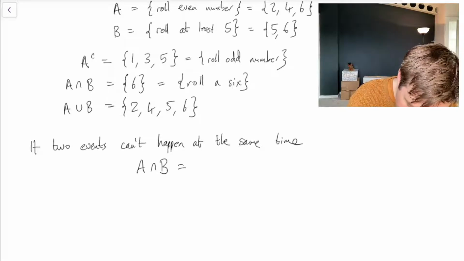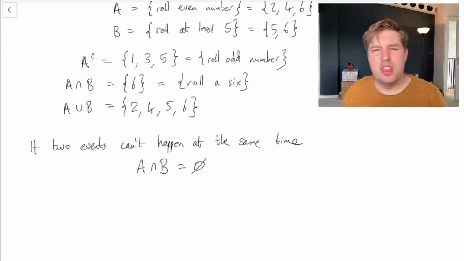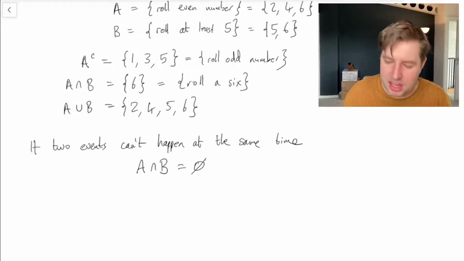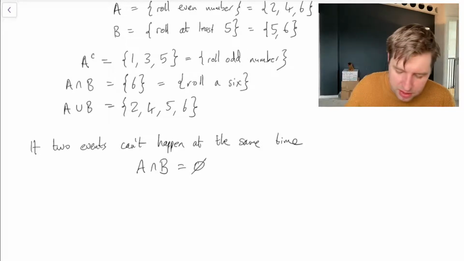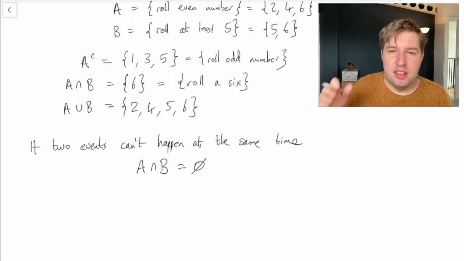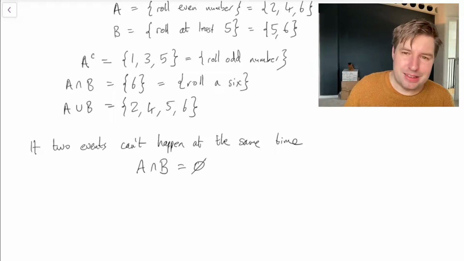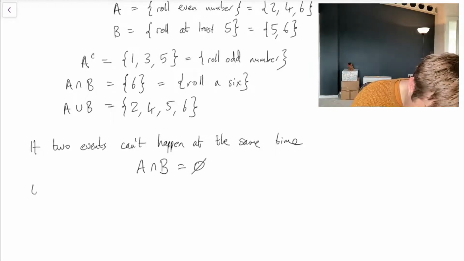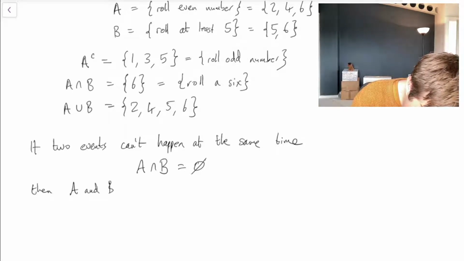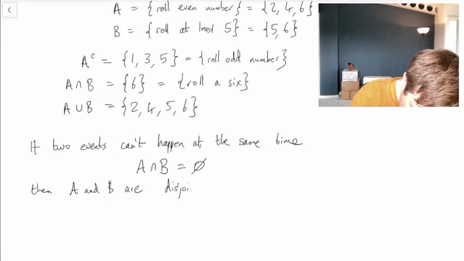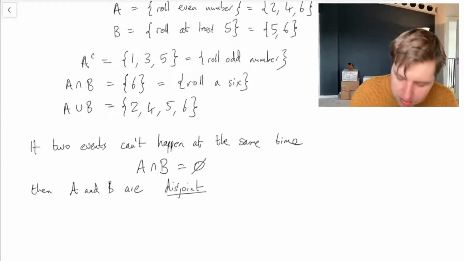You might remember that we used this O with a line through it for the set that doesn't have anything in it. So if they can't happen at the same time, that means there are no sample points in their intersection, because the intersection represents and. Then A and B are called disjoint. They're disjoint events because they can't happen at the same time.